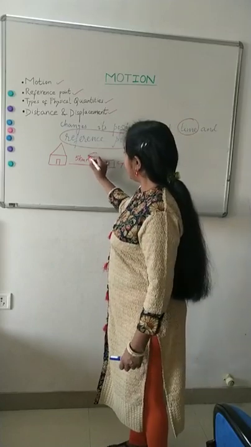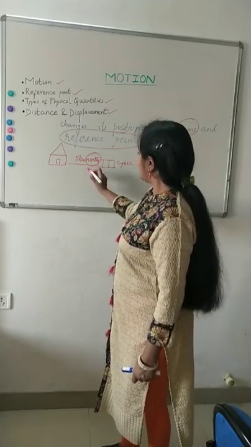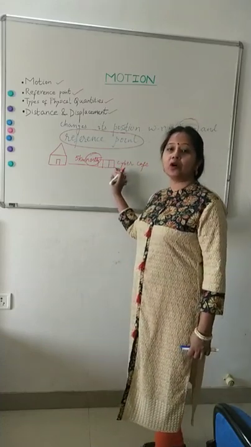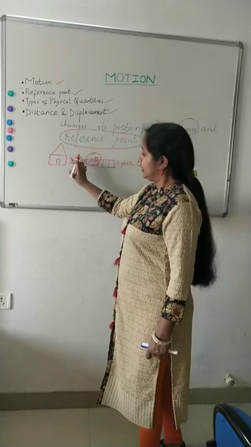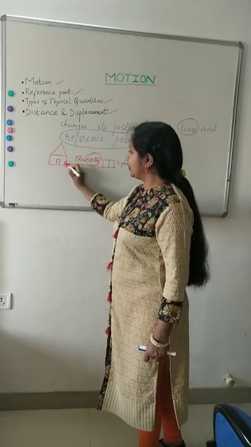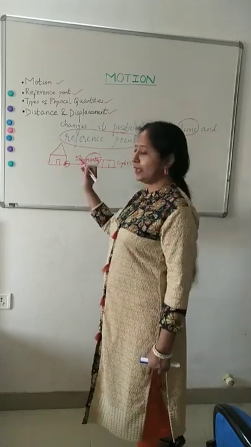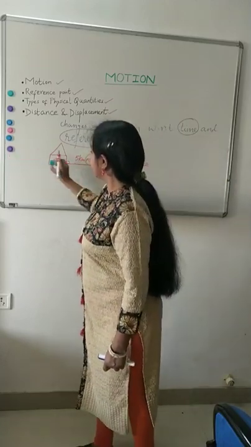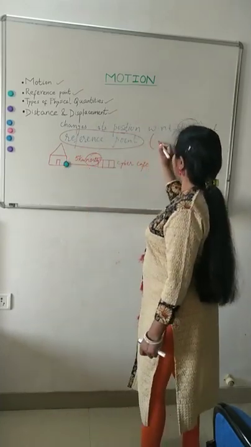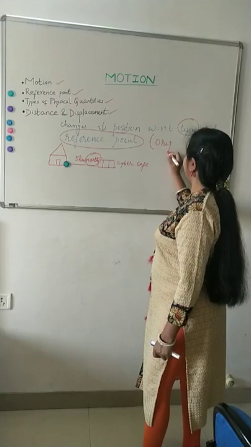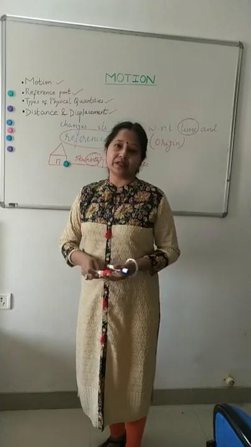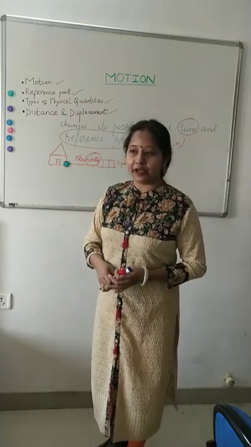So when I am talking about the location of a place or an object with reference to some particular point, that point is known as reference point. So here, house is the reference point. Reference point is also known as origin. And reference point may change as per the situation or as per the requirement.